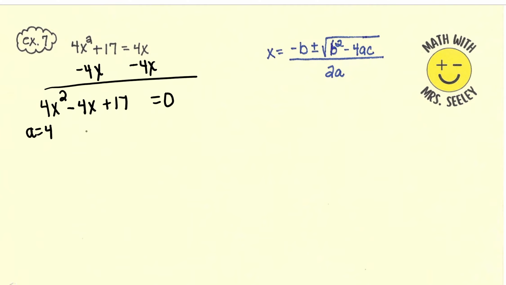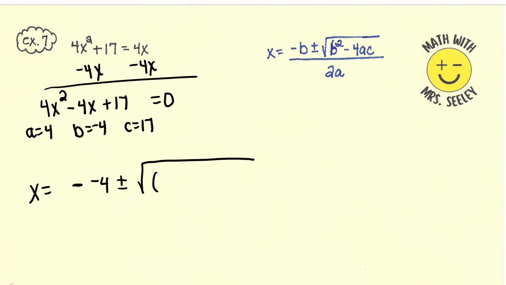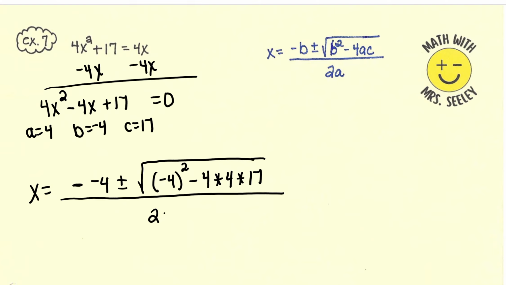Pick out your A, your B, and your C. And then to solve it for x, we get negative of a negative 4 plus or minus the square root of negative 4 squared minus 4 times A times C, all over 2 times A.